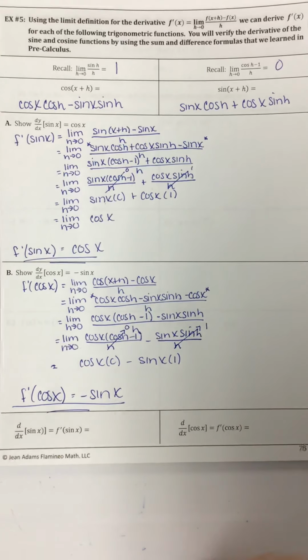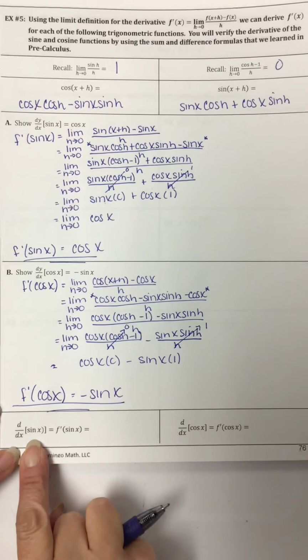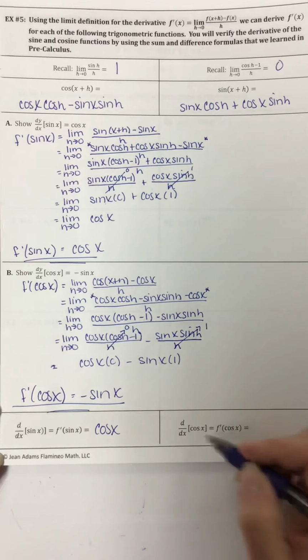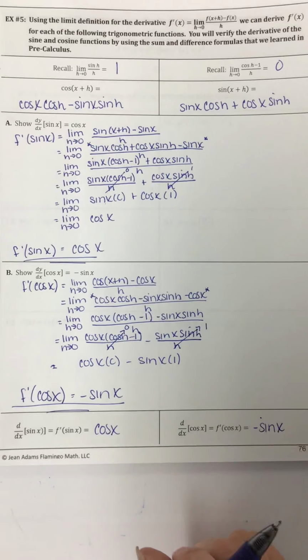So you can see where those come from using that limit definition. So the derivative of sine of x we know was cosine of x, and the derivative of cosine of x is negative sine of x.